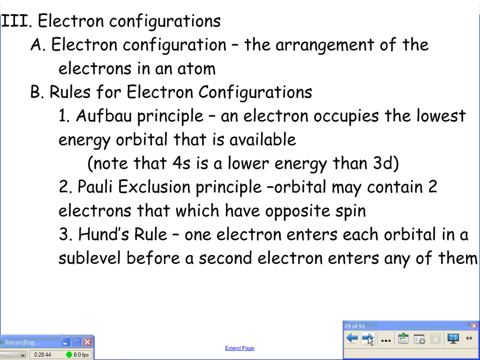Hund's rule, I like to call this the school bus rule, okay? It means that if there's more than one orbital in a sublevel, then each orbital will get an electron before any of the electrons pair up in an orbital.